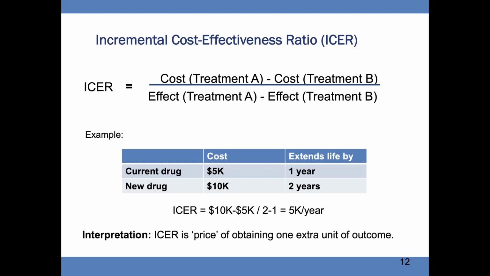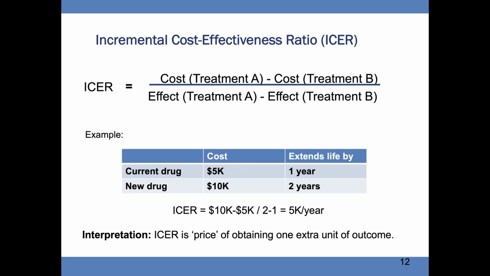So I'll give you one example. We want to estimate the ICER that involves the comparison between two drugs, the current drug and a new drug. The current drug costs $5,000, and in terms of effectiveness, it can increase life expectancy by 1 year.